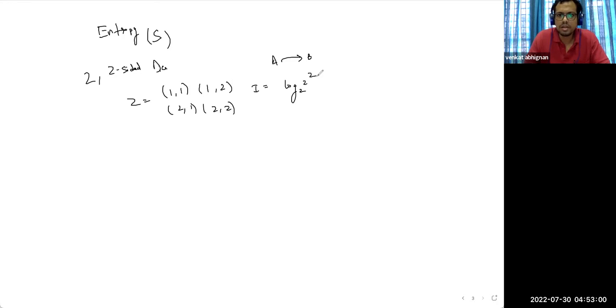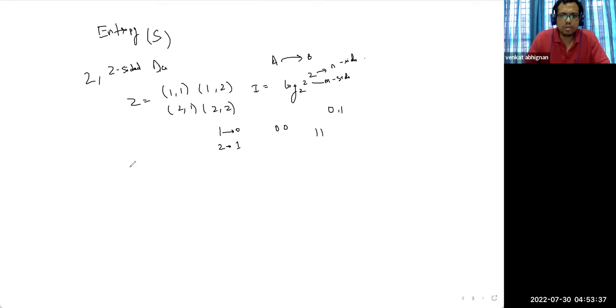Base 2 will be the basis of information, for instance zeros or ones, which is the commonly used base in computers, and 2 to the power 2 is these 2 dice with 2 sides. Here n is the number of dice and m is the number of sides of the dice. For instance, if I want to share this information, it will be something like 0 0, or 1 1, where I represent 1 as 0 and 2 as 1.